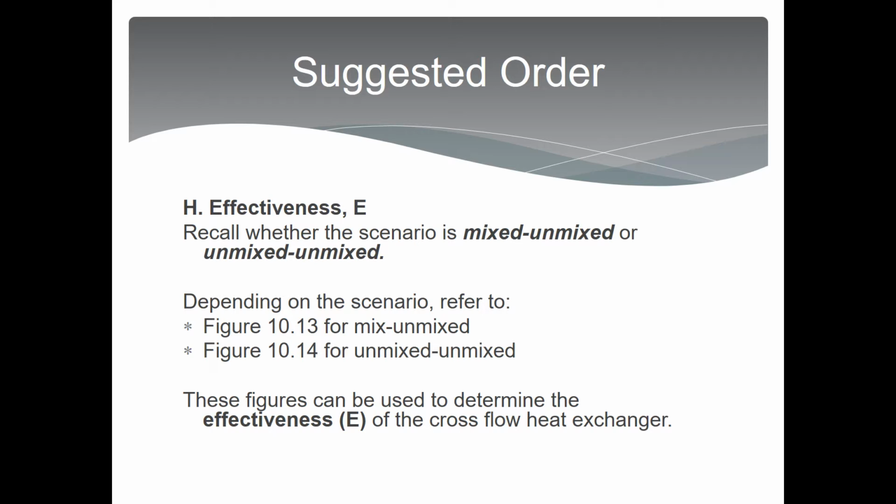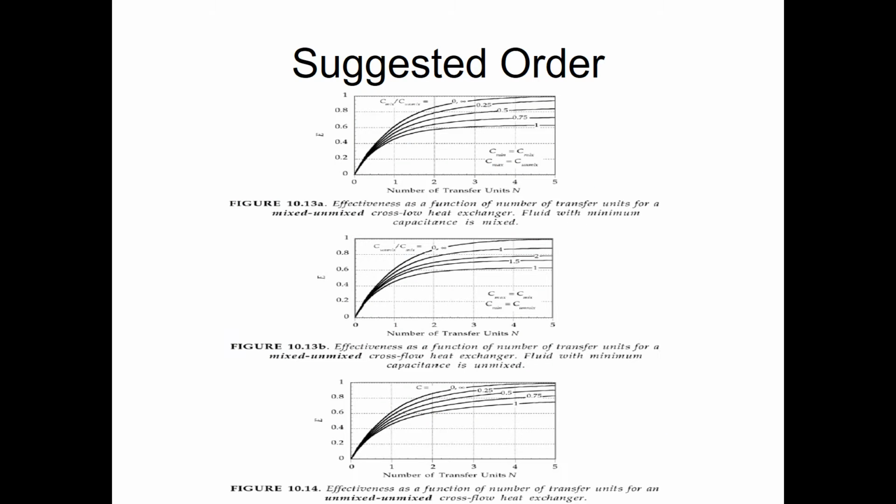The effectiveness is determined using the overall capacitance and the number of transfer units. With these two variables, the effectiveness E can be found with figure 10.13 for mixed-unmixed and figure 10.14 for unmixed-unmixed. Here are figures 10.13 and 10.14.